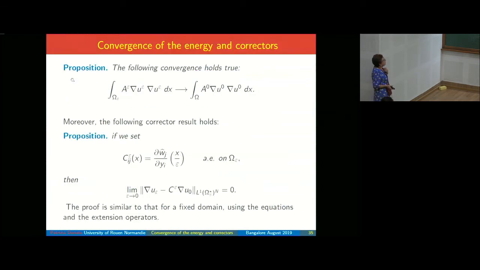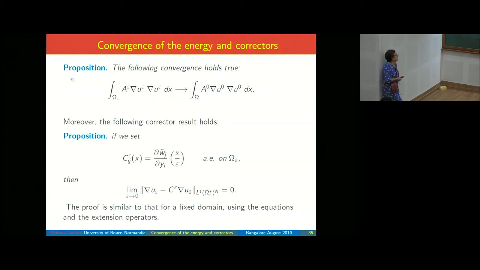Okay. Also, one has the convergence of the energy. That means that by a similar argument as before, you can prove that the integral over omega epsilon of A epsilon gradient u epsilon gradient u epsilon converges to the integral over omega of A0 gradient u0 gradient u0.